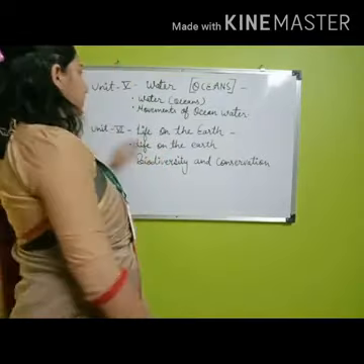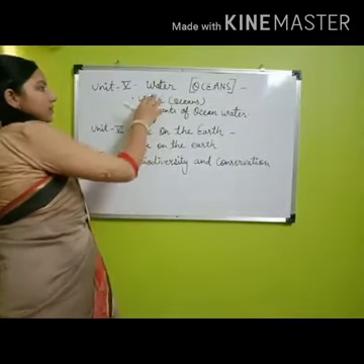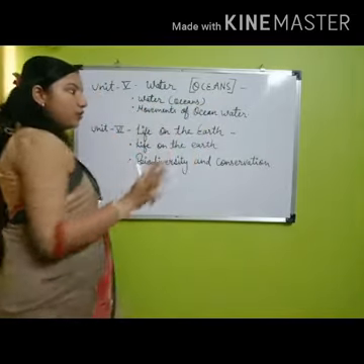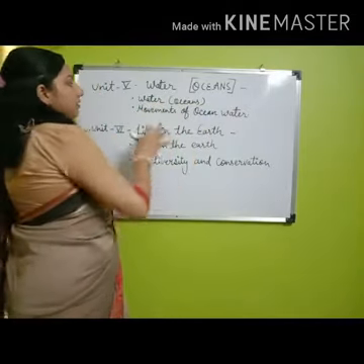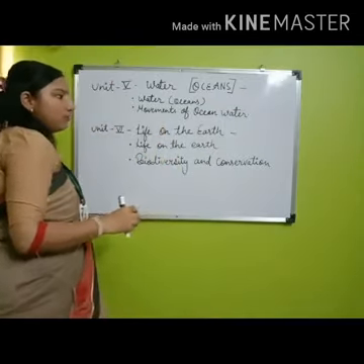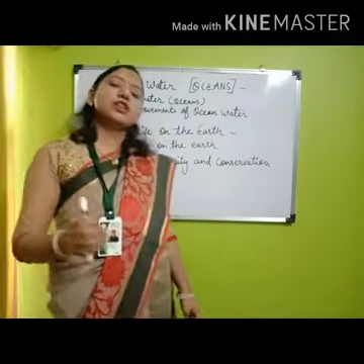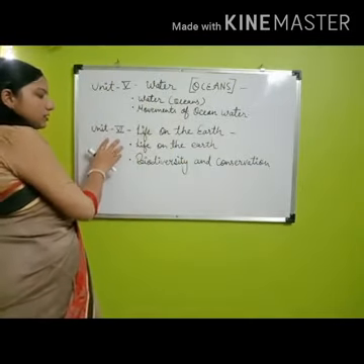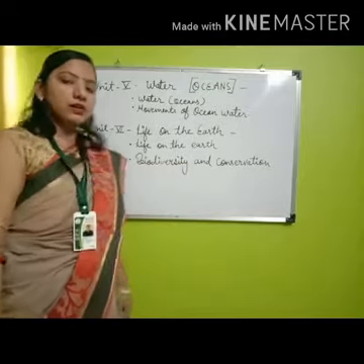Unit 5 is water. In this unit, we will study water, the distribution of oceans and the movement of ocean water. In the movement of ocean water, we will study oceanic currents and waves. The last, unit 6, is life on the earth.